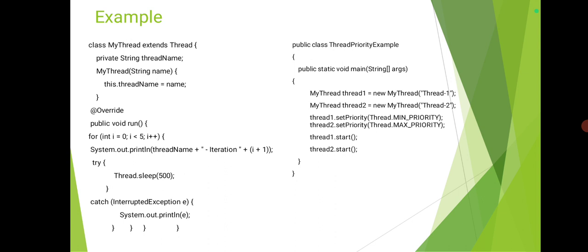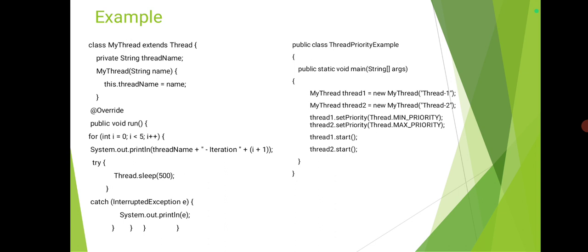And I'm giving a sleep, so that each and every thread executes after 500 milliseconds. So here I am declaring it in a sleep method. Then catch InterruptedException. If there is any exception in thread execution, it will throw an error, and that error is InterruptedException.